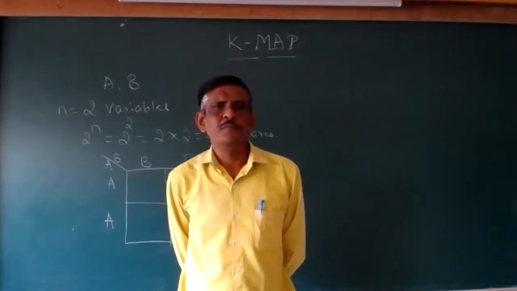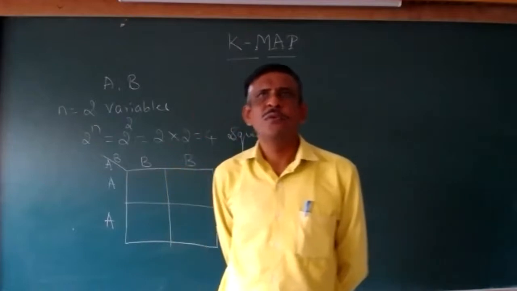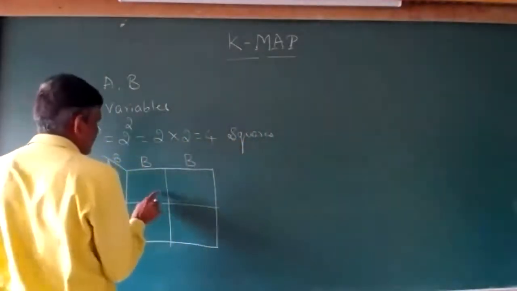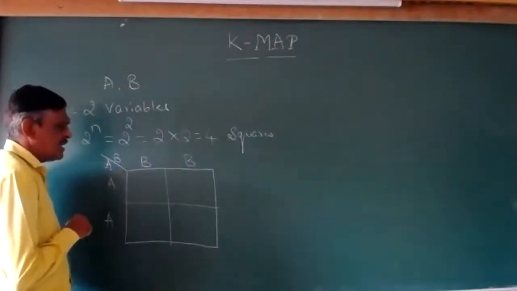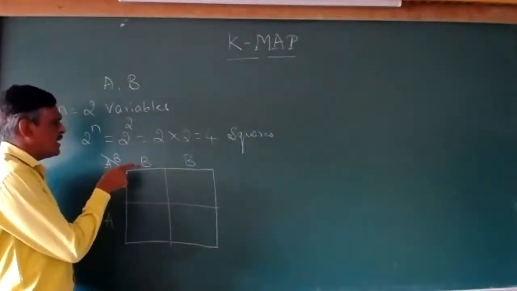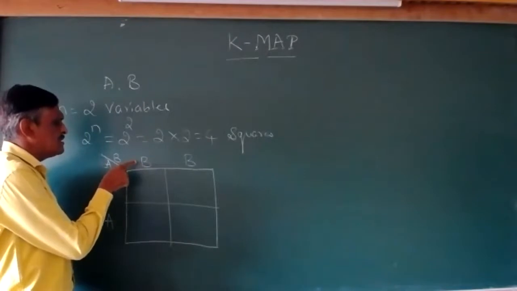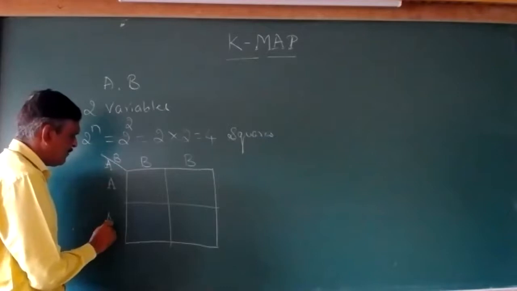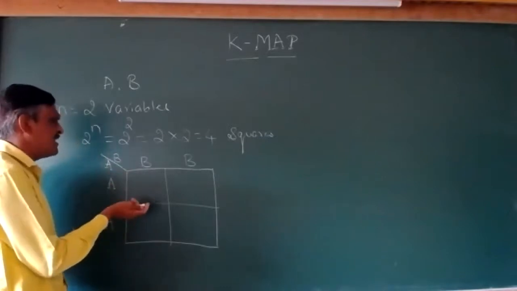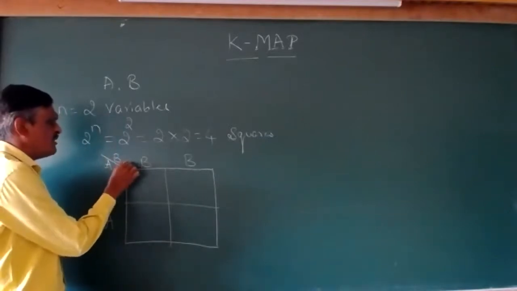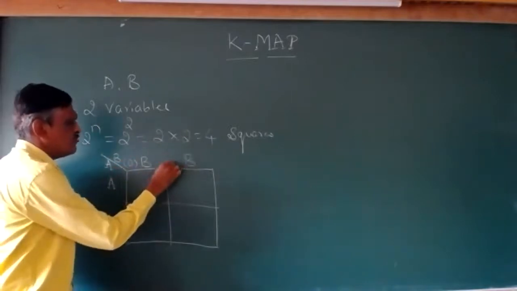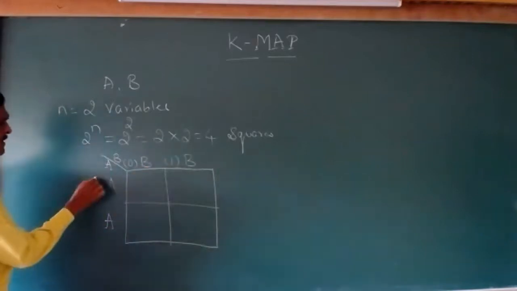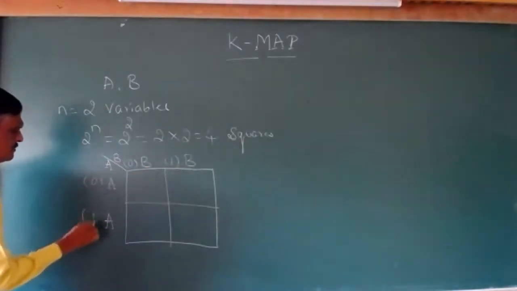The next step, you have to mark the squares. The column headings and row headings are represented by using binary values. If it is a two variable K-map, they are binary values. So the first one I represent 0, the second one is 1. Right? Here also I represent 0 and 1.